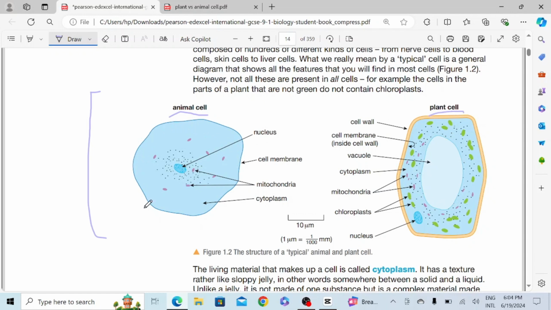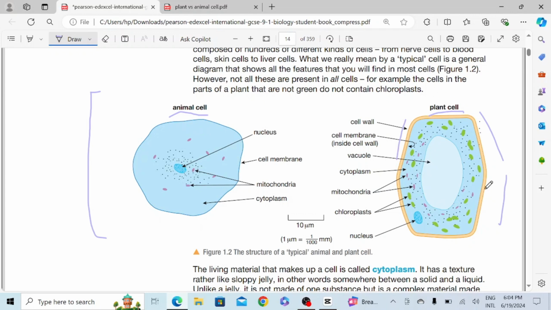The animal cell doesn't have a specific shape or structure. It's like this. But the plant cell has a fixed shape, which is almost like this hexagonal shape, not exactly, but similar. So that is one point.